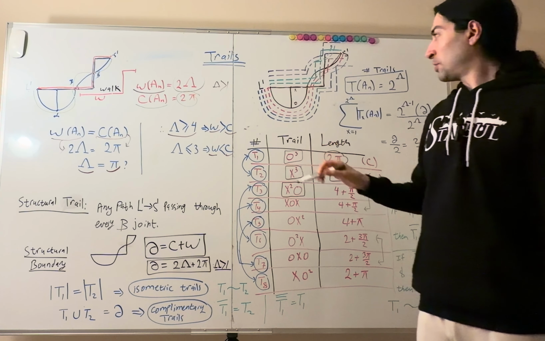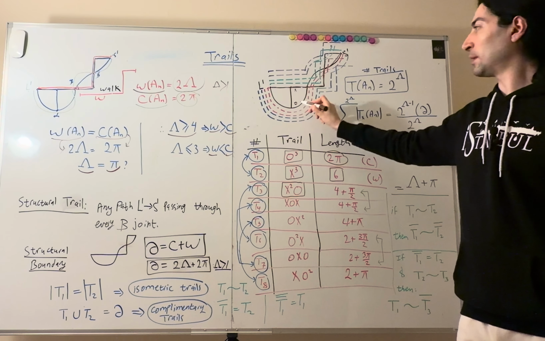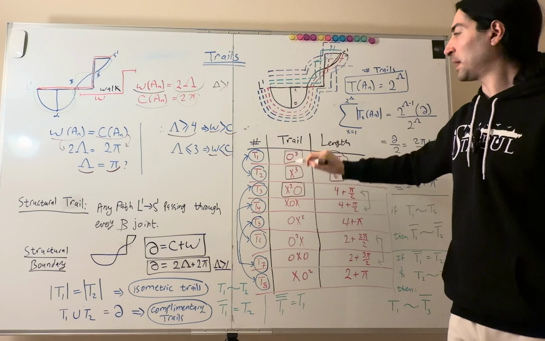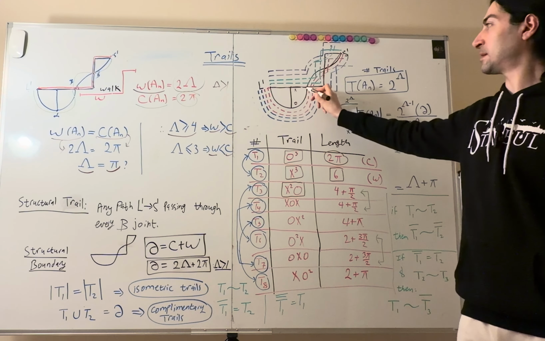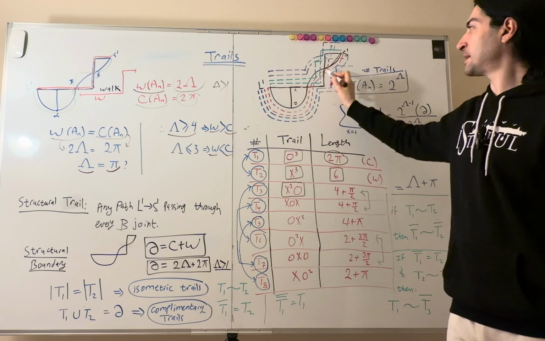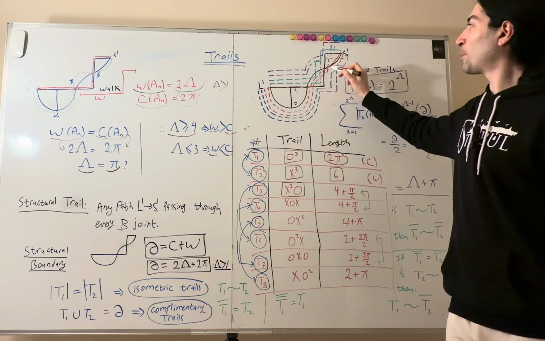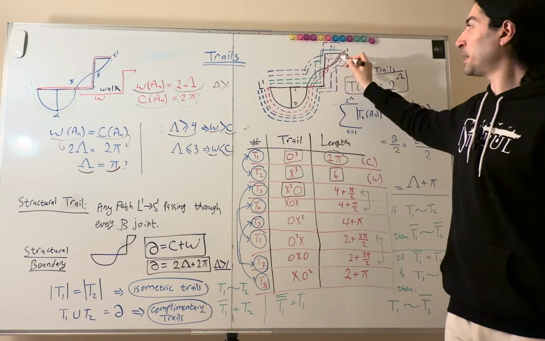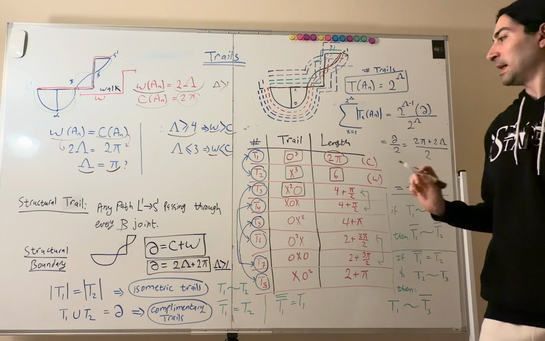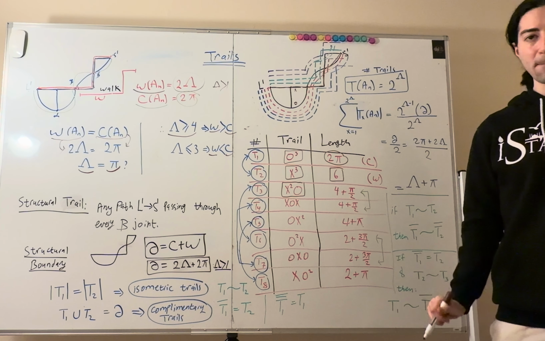So this particular trail has a length equal to, first we get the length of this segment here, which is 1 plus 1 is 2. And then this segment here, which is 1 plus 1 is 2. So that adds up to 4. Plus the length of this arc here, which is a quarter of a circle, so that is pi over 2. So the total length of T3 will be 4 plus pi over 2.